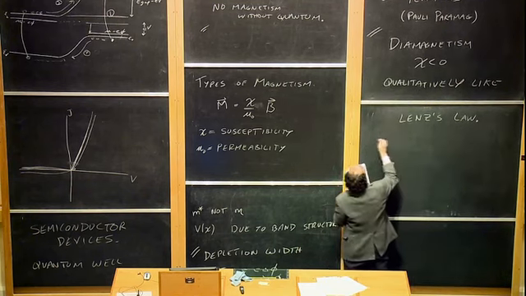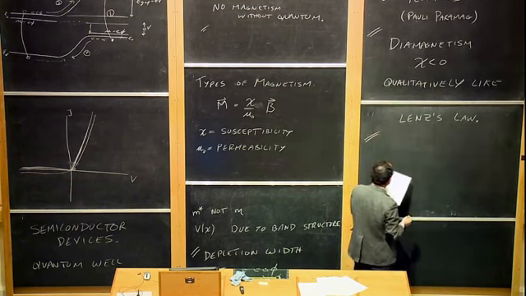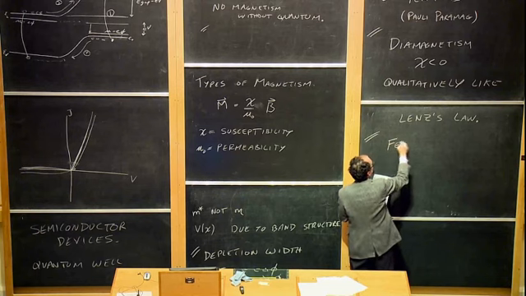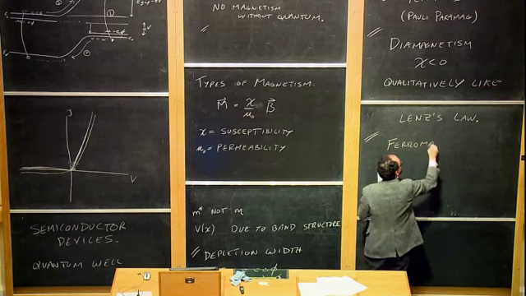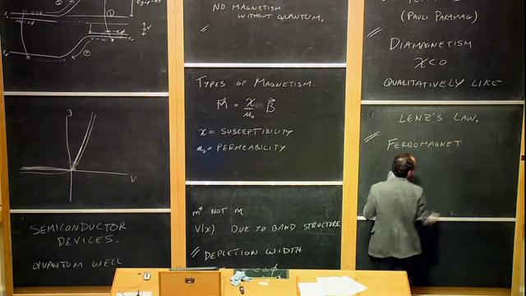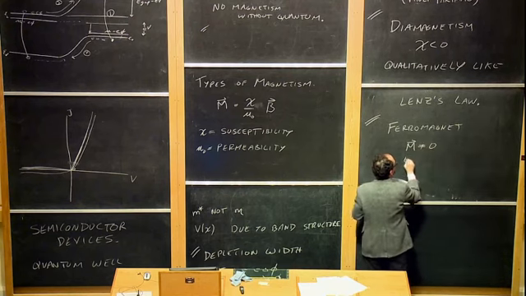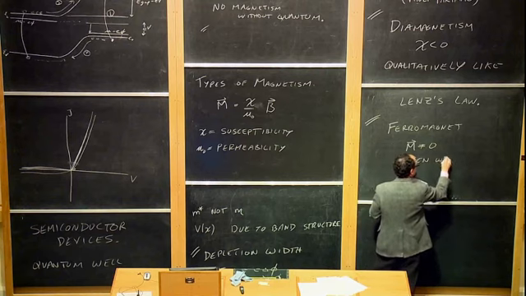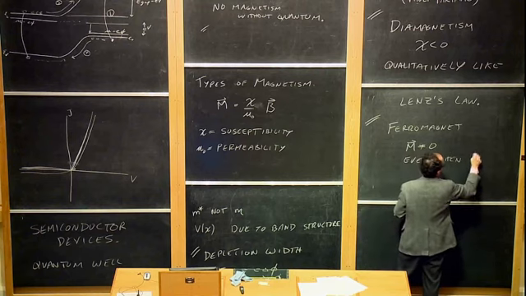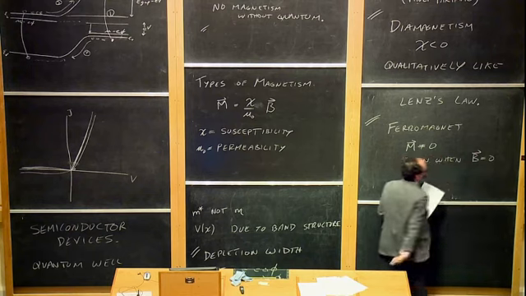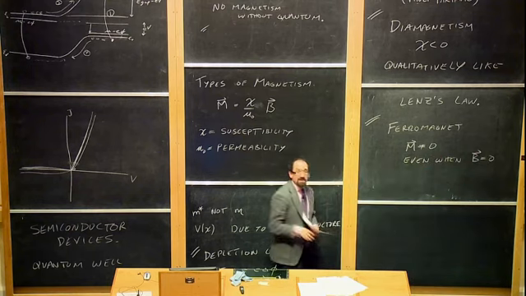Okay? The third case that we need to know about is the case of a ferromagnet, which is when magnetization is not equal to 0, even when B equals 0. Something like iron has this property, the thing that sticks to your refrigerator.